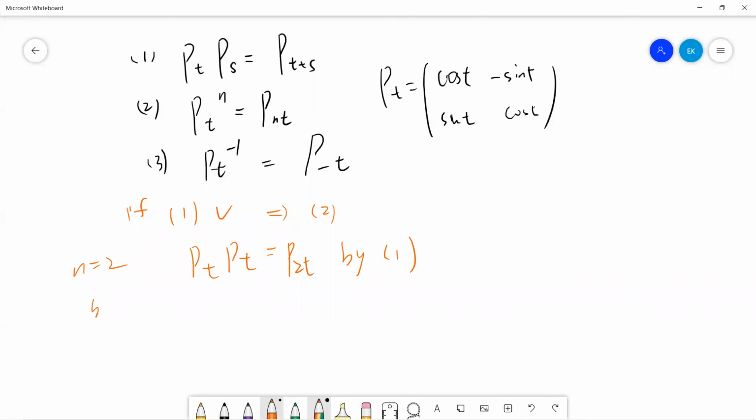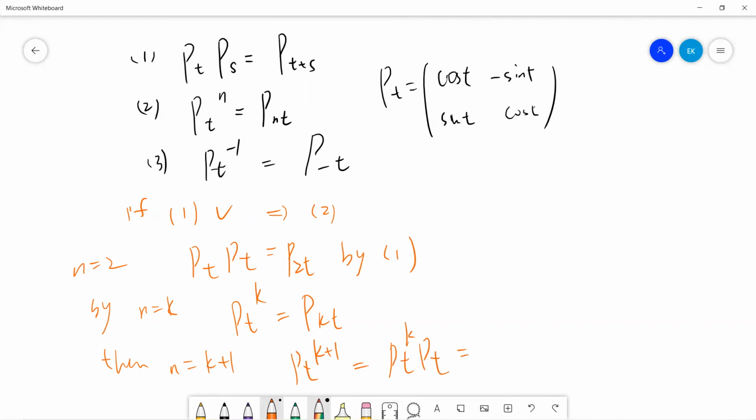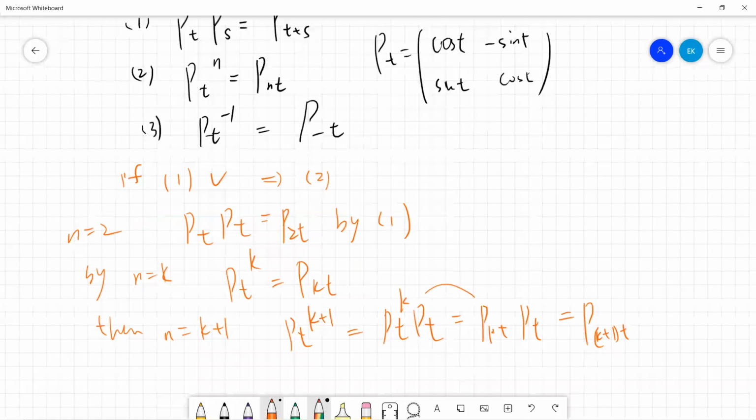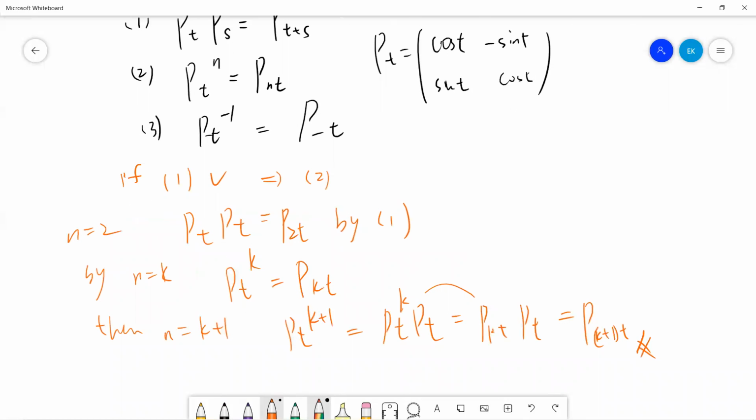By induction, I assume that n equals k is correct, so P of t to the k is P of k t. Then consider n equals k plus 1, which is P of t to the k times P of t, which is P of k t times P of t. This is the induction step, which gives P of (k plus 1) t. So we finish the induction step.